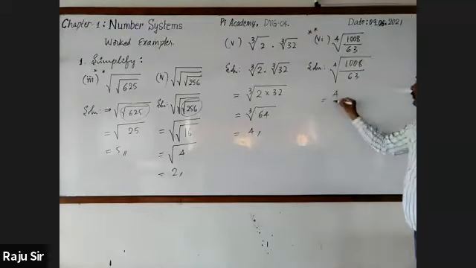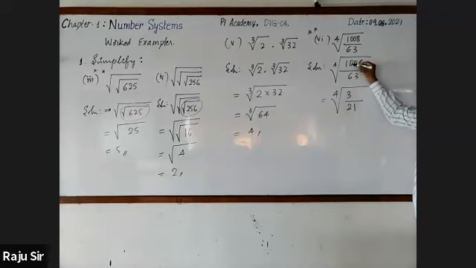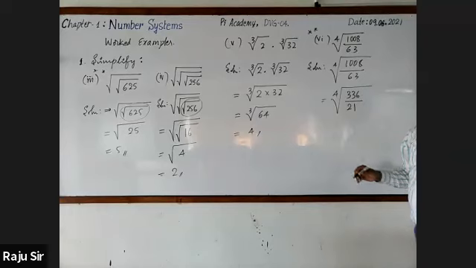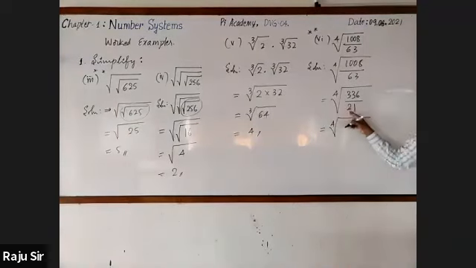You can cancel it by 3. 3 twos are 6, 3 ones are 3. 3 threes are 9, 1 will remain, it becomes 10. 3 threes are 9, 1 will remain, it becomes 18. 3 sixes are 18. Again, it is divisible by 3. 3 sevens are 21.